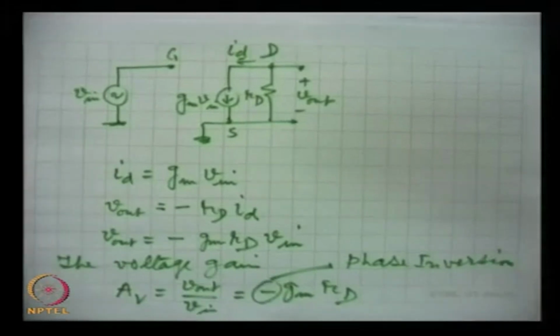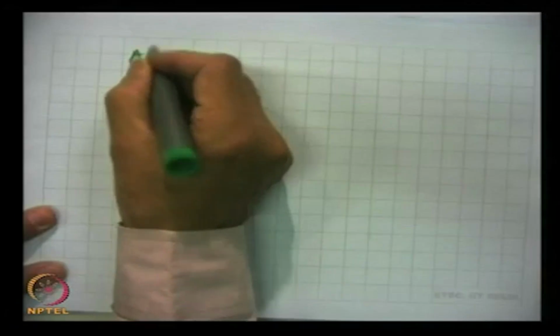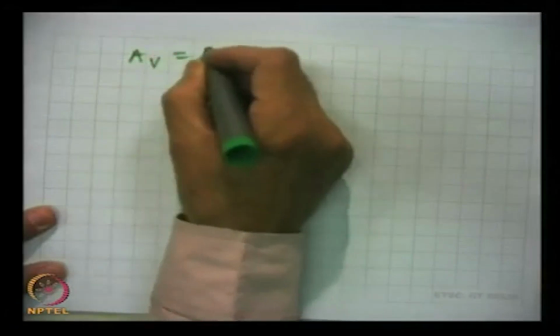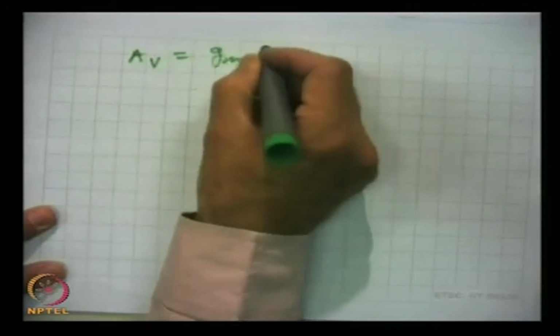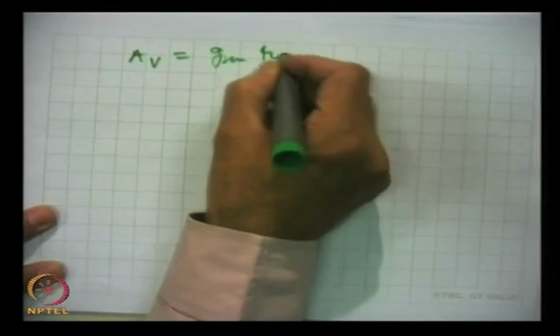Like the common emitter BJT amplifier, that also has a phase inversion. Similarly it has phase inversion here, and the magnitude of voltage gain A V is simply GM into R d.